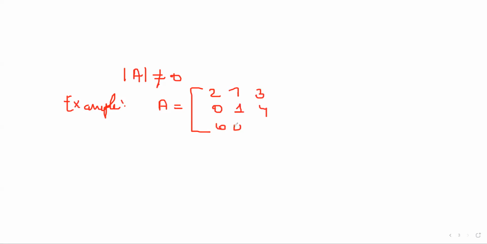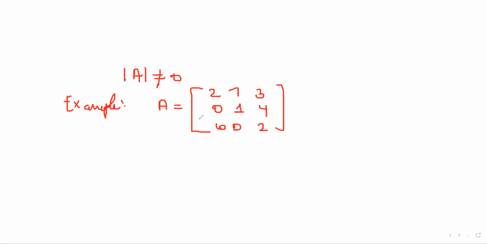So I would like to continue with one example using this method. Let's take a 3 by 3 matrix. You can apply this method to any size of matrices. The rows are 2, 1, 3, then 0, 1, 4, and 0, 0, 2.